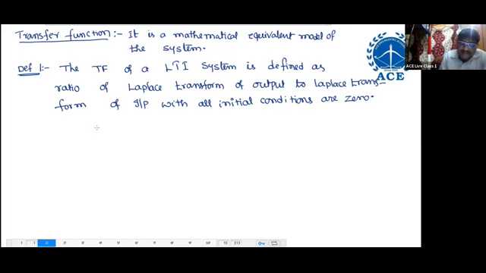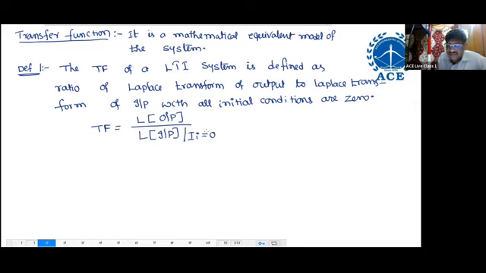That means simply, transfer function equals Laplace of output by Laplace of input with all initial conditions are 0.